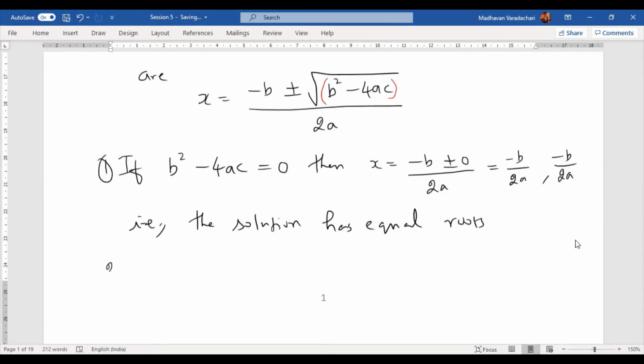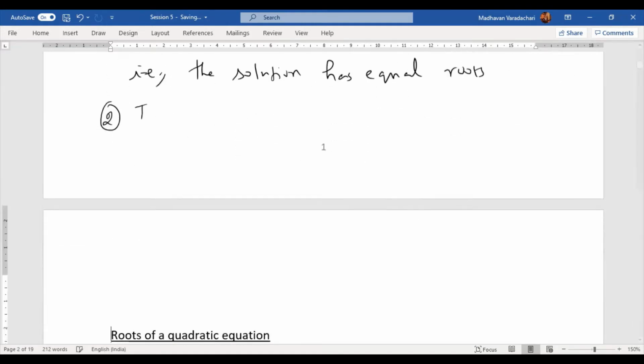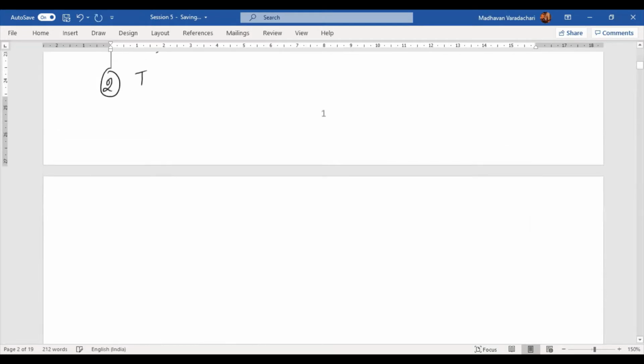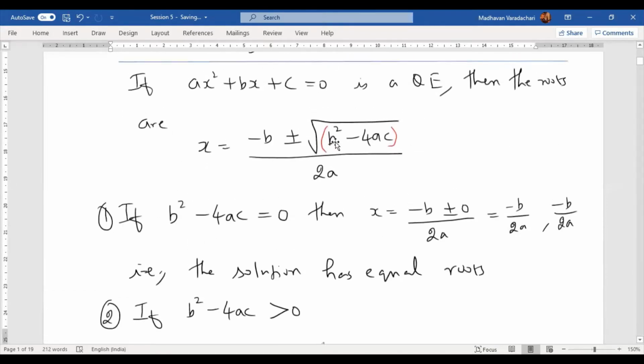Then second, if the result inside the square root is positive, no issues, I can still find the square root, which means the whole solution will be real numbers.